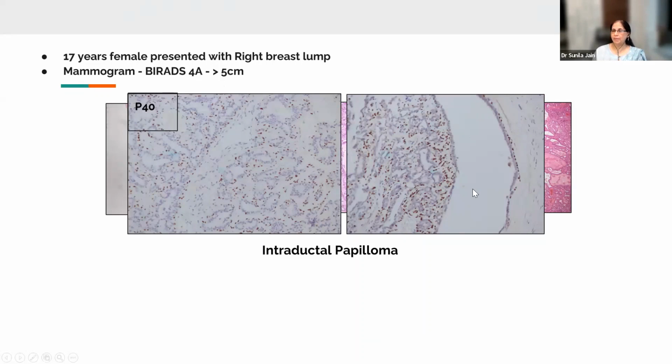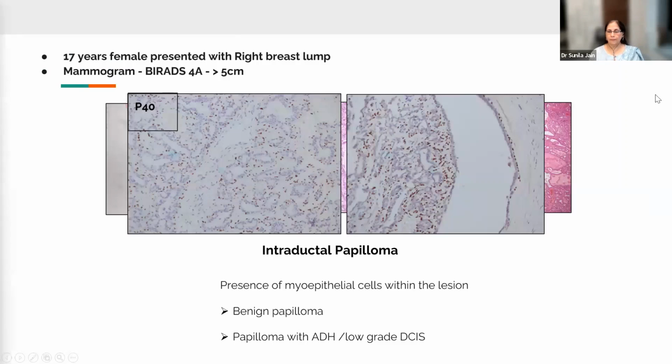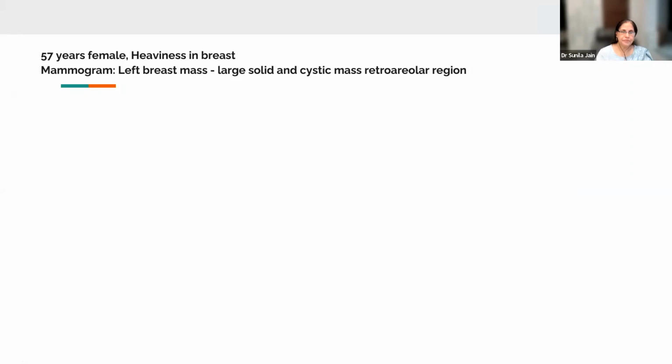So with no atypia, the diagnosis was intraductal papilloma. Whenever we see presence of myoepithelial cells within the lesion, there are only two possibilities. It could be a benign papilloma or it could be a papilloma with foci of ADH and low-grade DCIS.